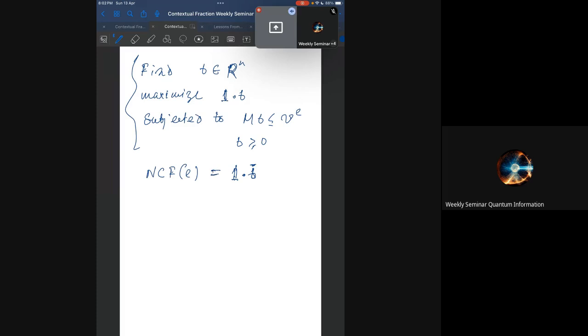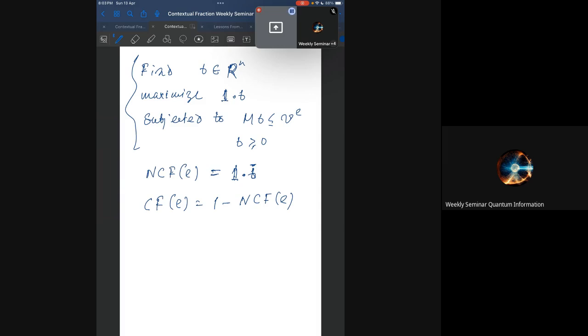So this is how I find my non-contextual fraction. And if I can find the non-contextual fraction, then I can just find my contextual fraction. Or maybe if you see that this linear programming problem is difficult, you can use the dual problem of it, solve it, and then you can find the solution directly. So this is how we calculate the contextual fraction.